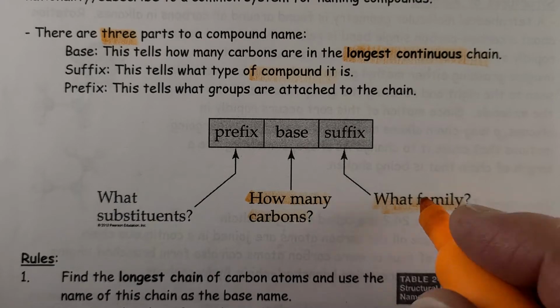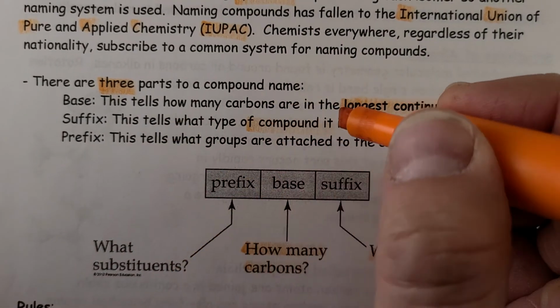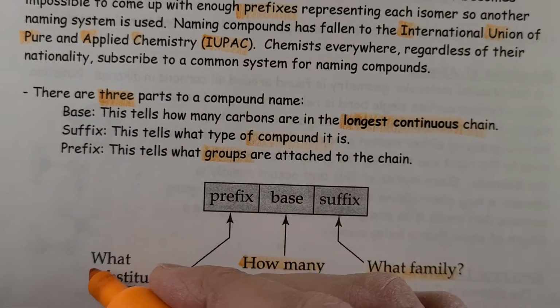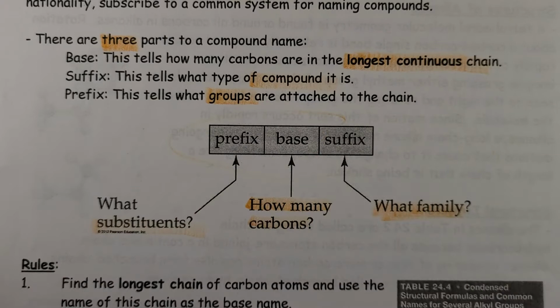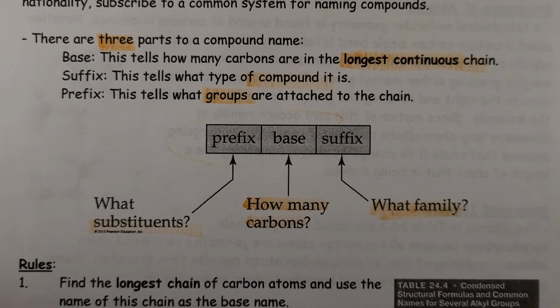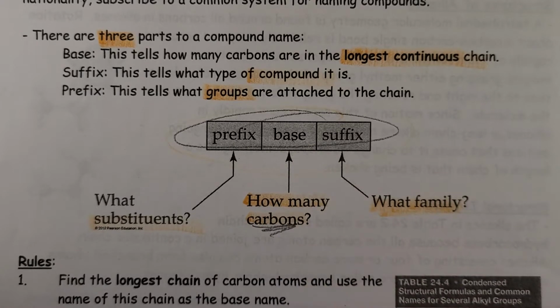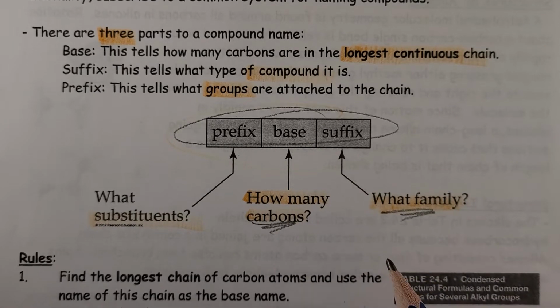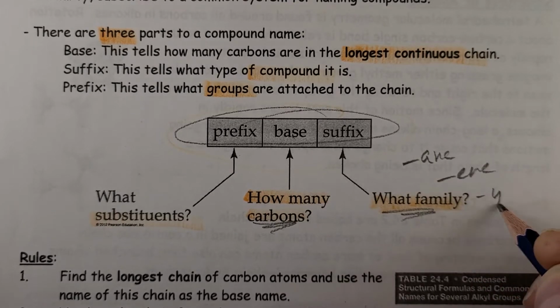Is it the alkane family, the alkene, the alkyne? And then the prefix tells us what's attached to that chain, so what are the substituents? So there's basically three parts that make up the naming that we're going to be using. The base, which is how many carbons are joined together, and the end part, which will be either ane, ene, or yne.